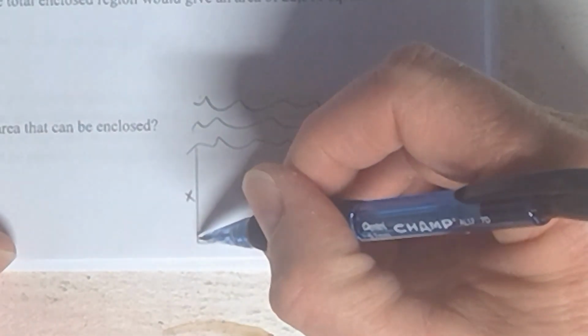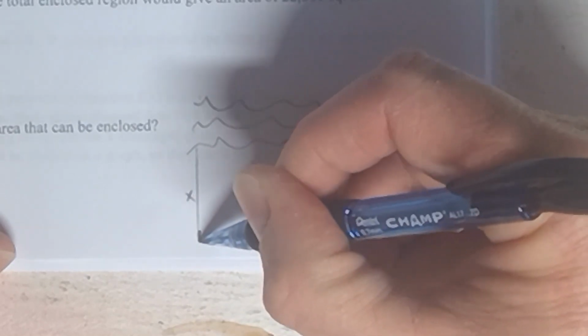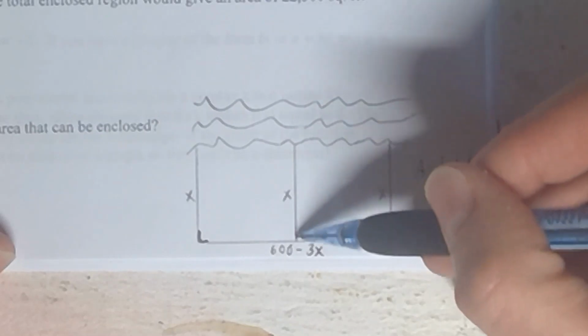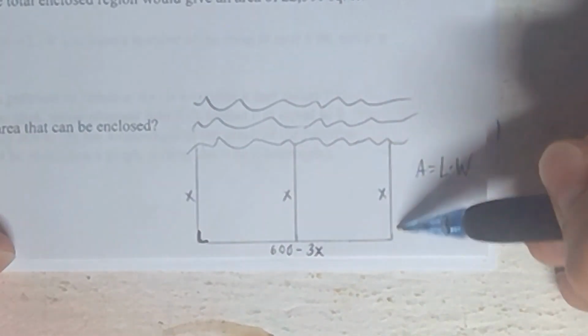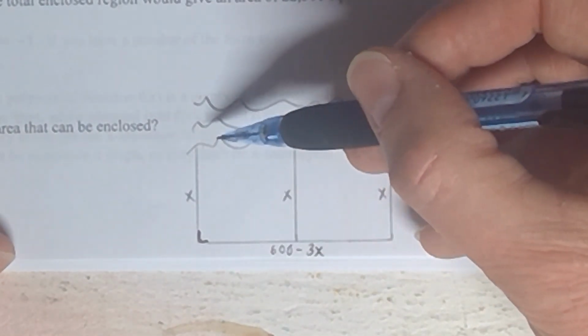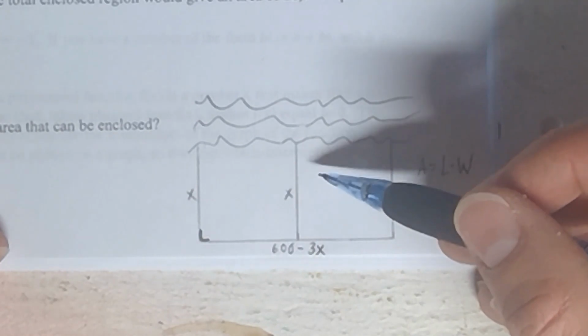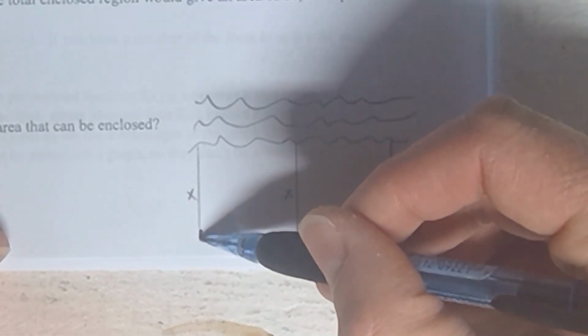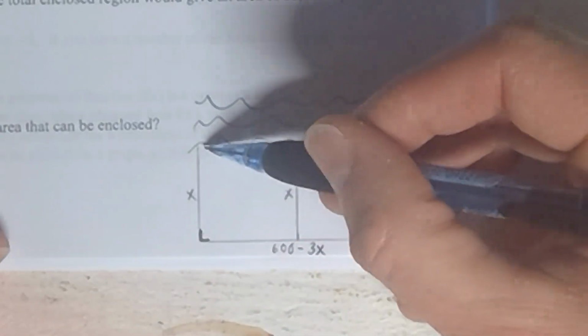Well, the length and the width of a rectangle is any two sides of a rectangle, you guys, that meet at a corner of the rectangle. Now, remember, I'm talking about the entire rectangle. I'm not talking about just one of the smaller rectangles like this. I'm talking about the entire thing here. It says in the problem the total area of the enclosed region, not just part of it. So, looking at this right here, this is a corner of the entire region.